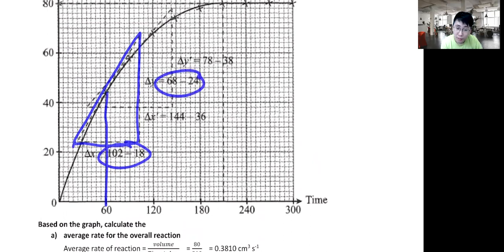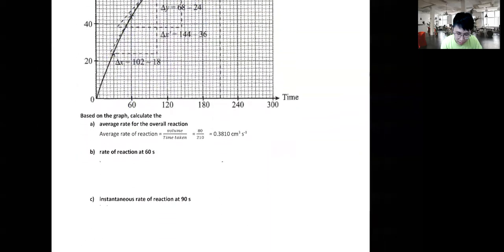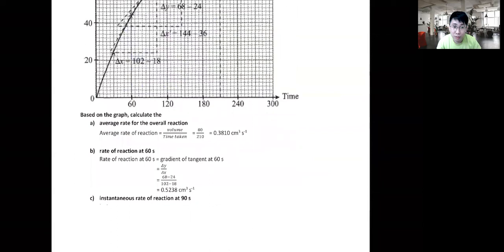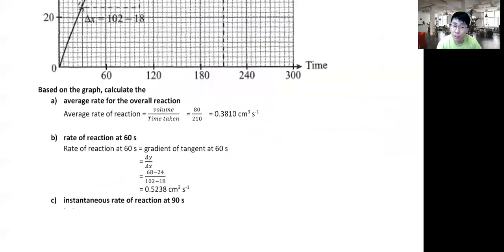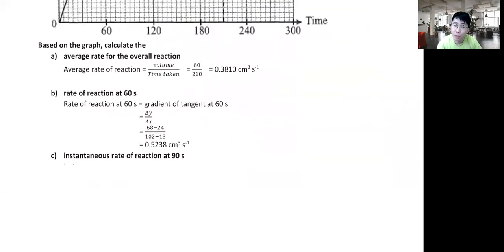This is y2 minus y1, this is x2 minus x1. Since I give you these values, just take this over this: 68 minus 24 over 102 minus 18. You get your reaction at 60 seconds.